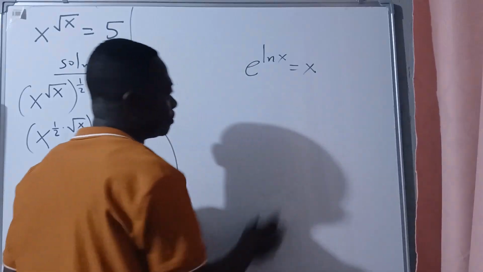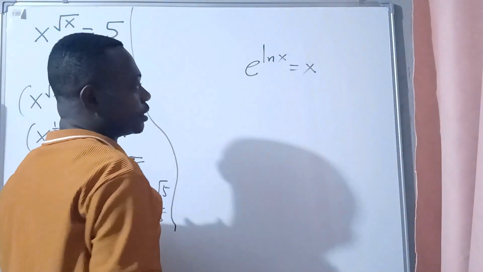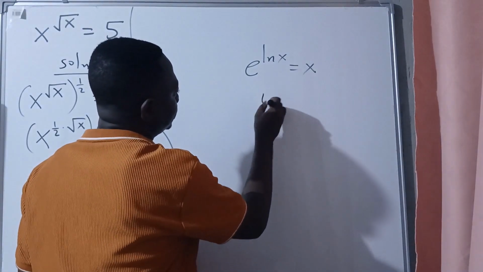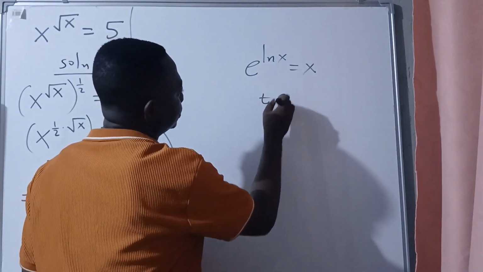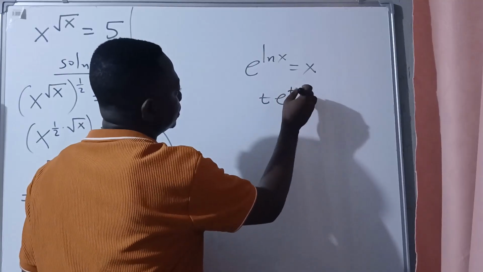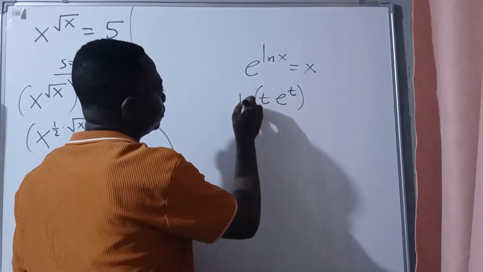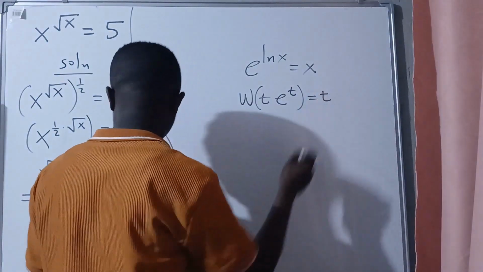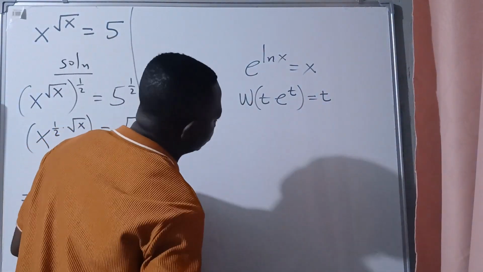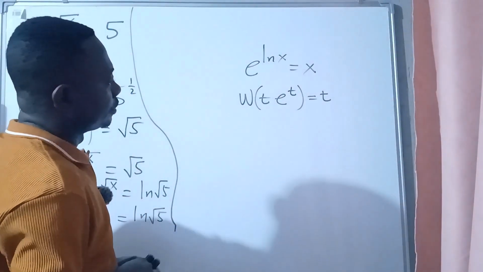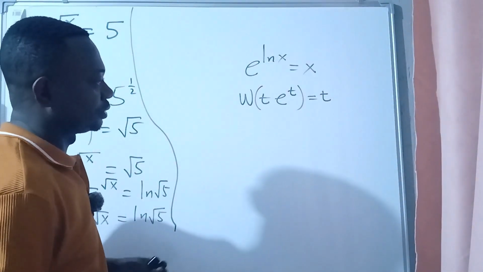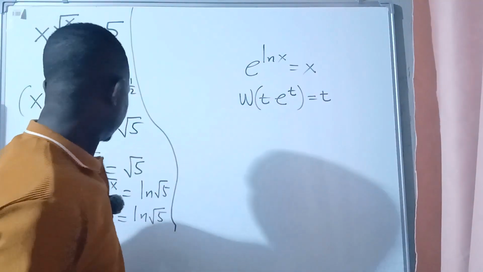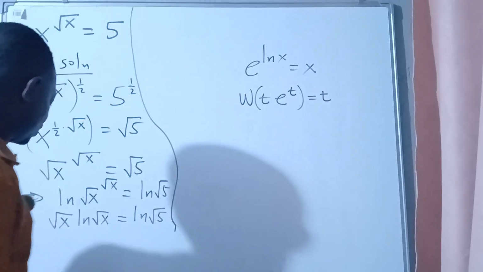It's a powerful property. One more thing: when we have t times e raised to t, when you take the W function of this, your answer will be t. So before you can take the W function, there should be e.